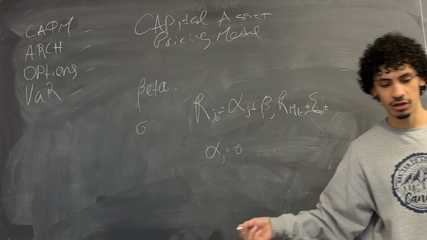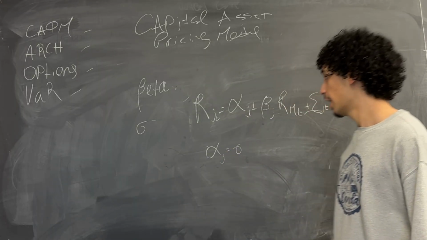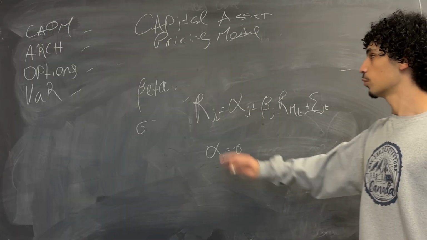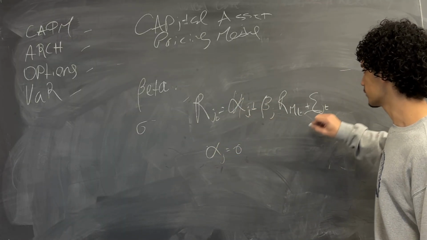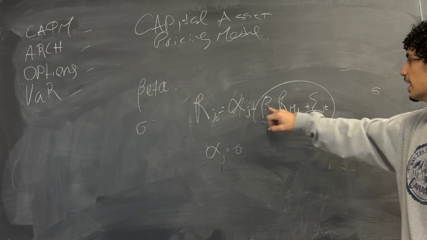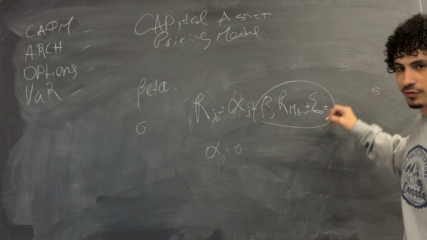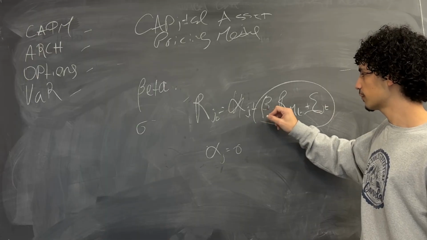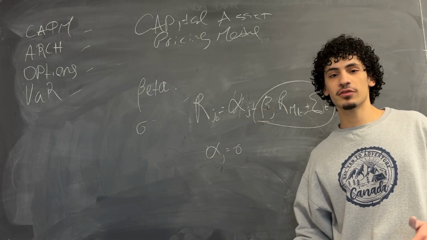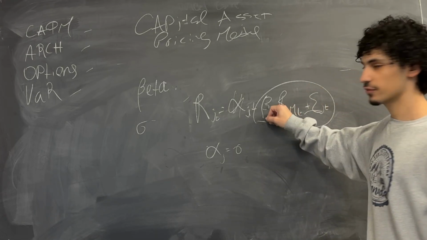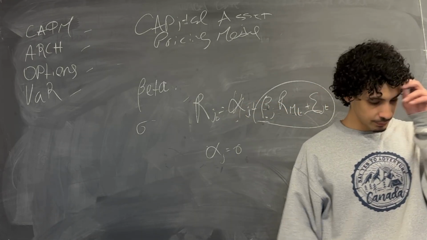That's kind of like the null hypothesis of the model. And when alpha equals 0, this cancels out, everything, the beta with the market return plus whatever error term is justified by beta. So at a loss, at an increase, at whatever the return might be, it's all justified by beta, and alpha has nothing to do with it.